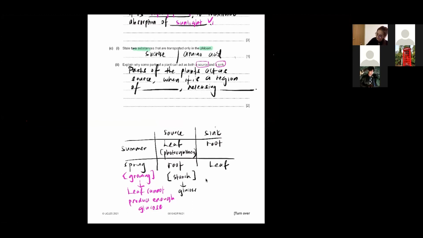Next one, they act as sink when they receive the sucrose, for growth or storage. The sink can be the one that receives the sucrose for growth or for storage purposes. So source is where it is in the region of production, where it is produced, or where it releases the sucrose. Sucrose or glucose can be interchanged, so it doesn't matter.